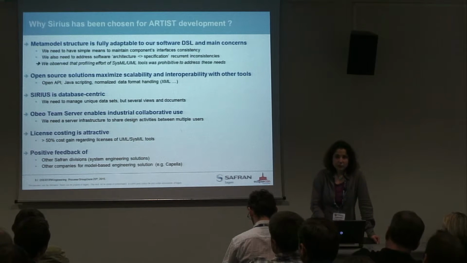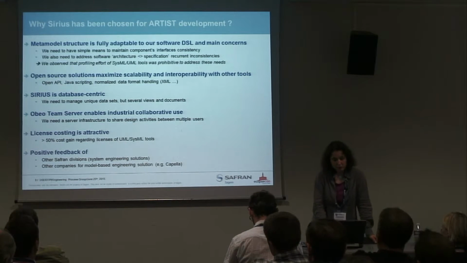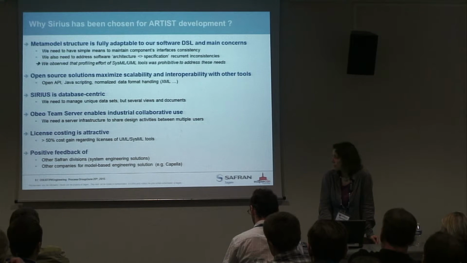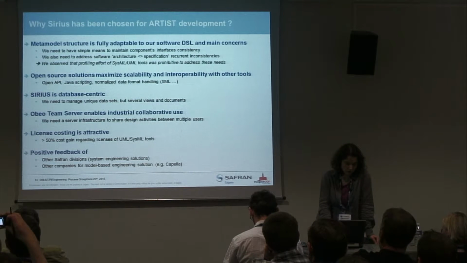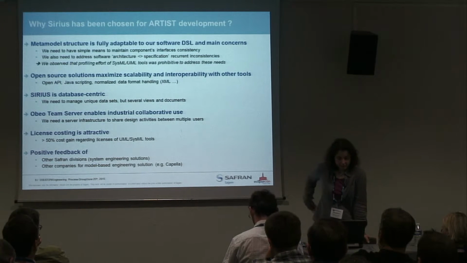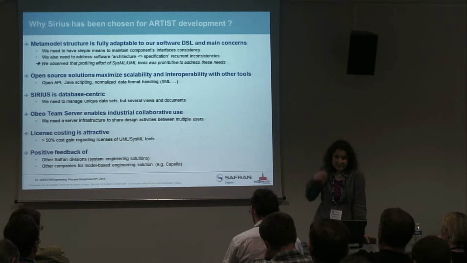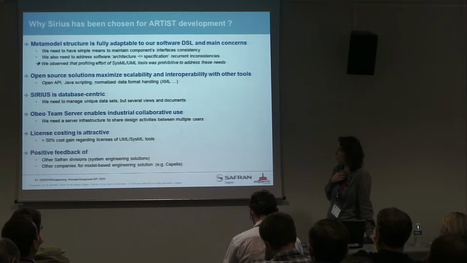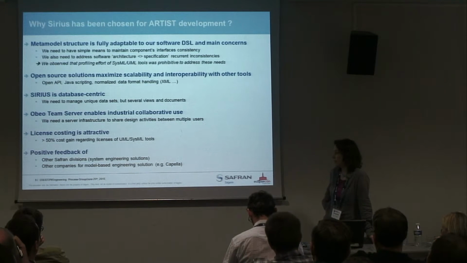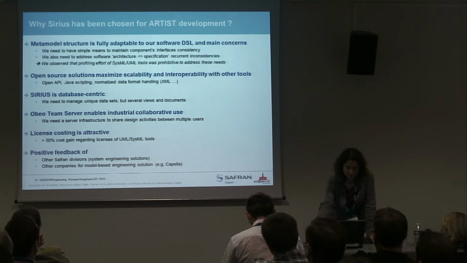We have also made some analysis and had positive feedback from other SAFRAN divisions and other companies that already use Obeo or Sirius to develop their system engineering solution. For us, the solution we developed based on Sirius is only a software architecture modeling tool, but there is positive feedback from other companies that develop their solution for system engineering.